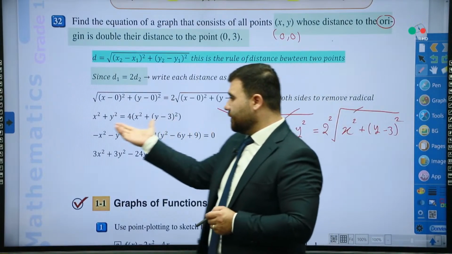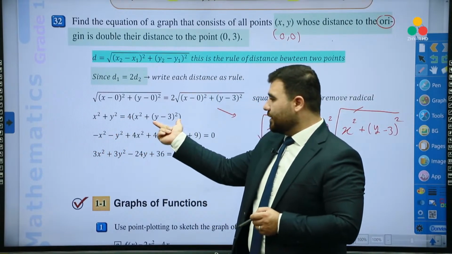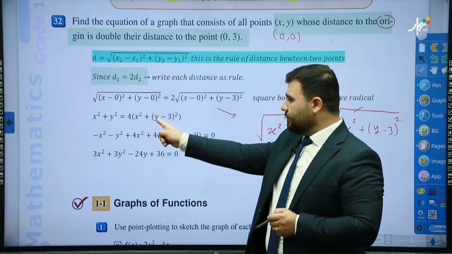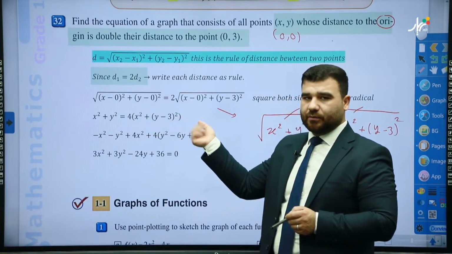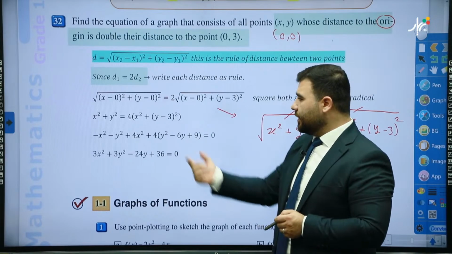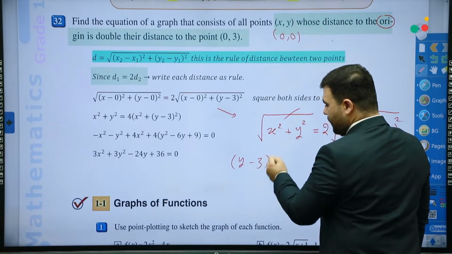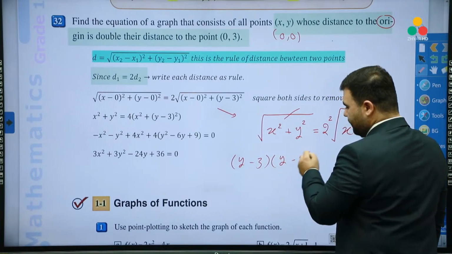Then, in order to solve this, I have a bracket to expand. To expand a bracket with power 2, there are 2 ways. One way is to write the bracket twice, y minus 3 multiplied by y minus 3.